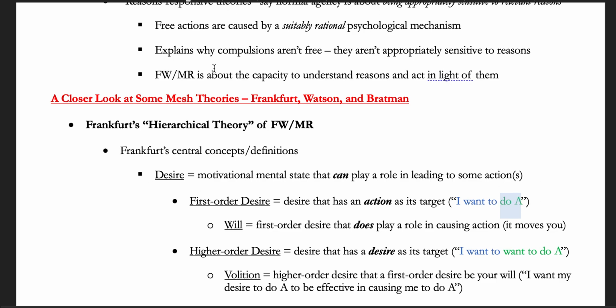You can see now, the blue is the desire part, I want to, and the green is the target of your desire. I want to do A. When your desire has an action as its target, it's first order, lower level. But then you can desire about your desires. You can want to have certain desires.